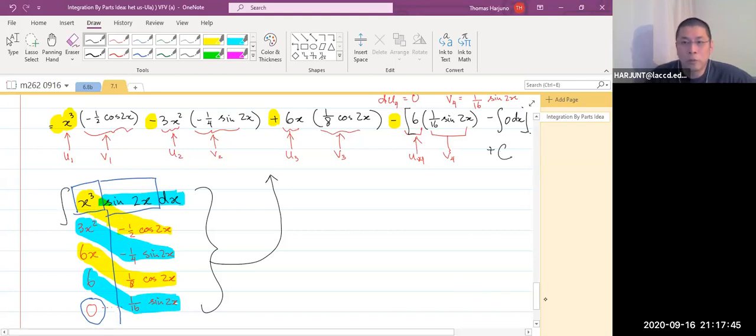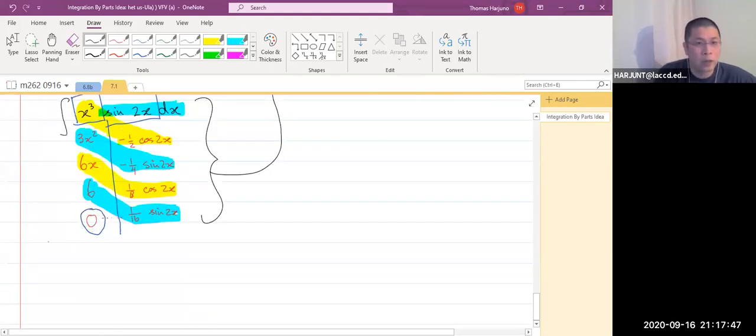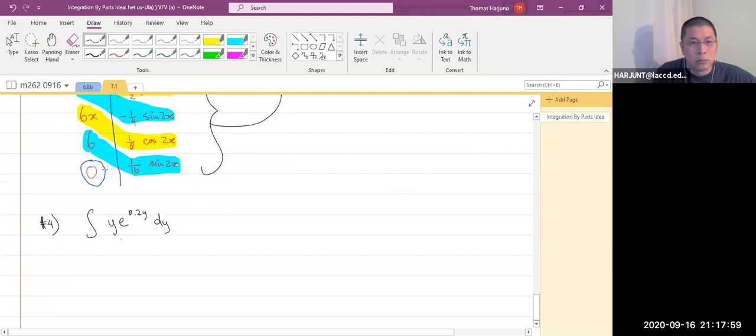So let's look back to number 4, for example. Number 4, tabular method. Integral of y e to the 0.2 y dy. The first one I do derivative. The second one I do integral, until it is parallel to the 0.